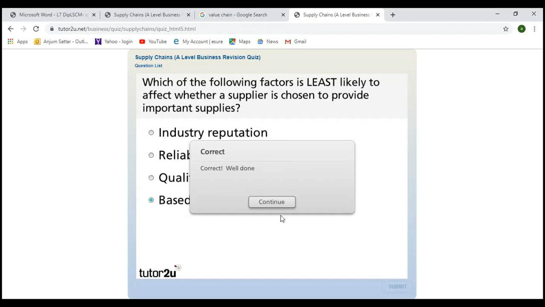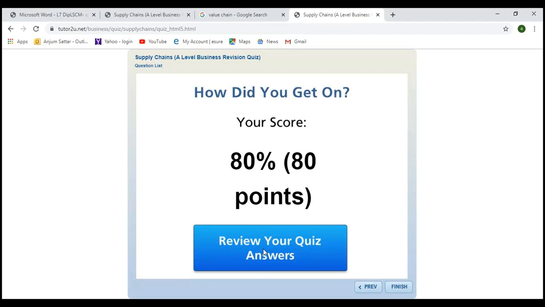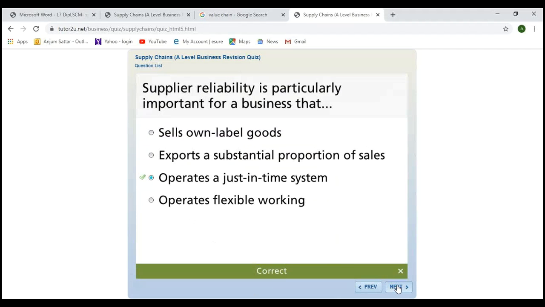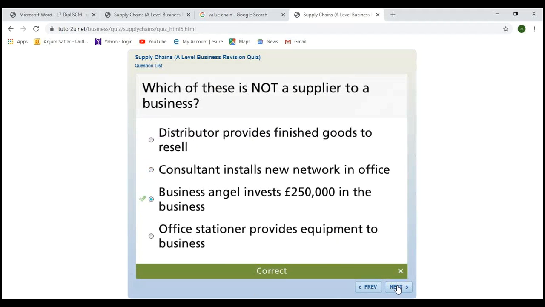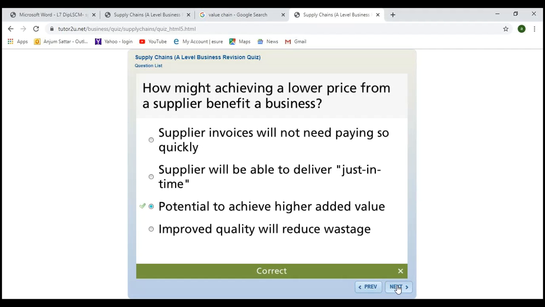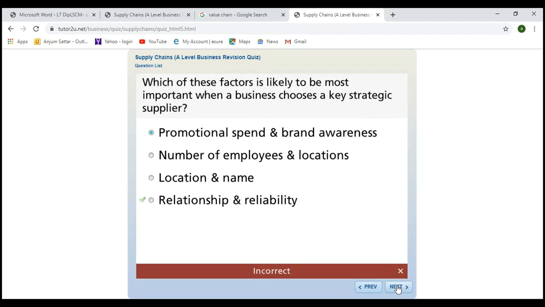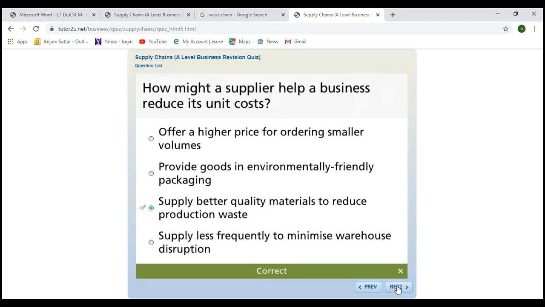Based in the UK. Well done. So good, 80%. Well done. That was 2, credit worthiness, yes. Then this was the 4th, relationship and reliability.